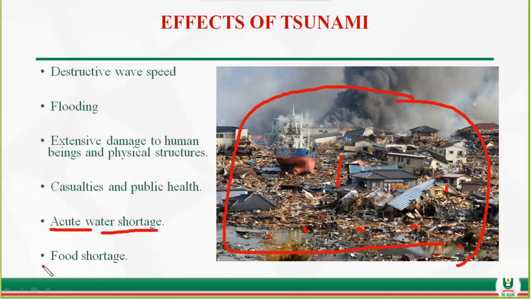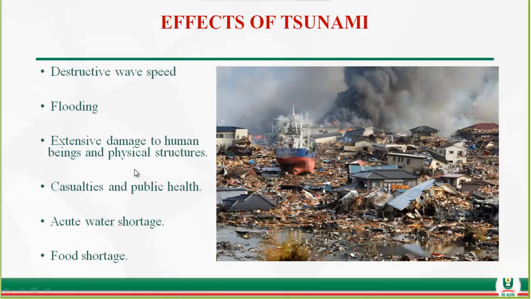Then food shortage, because agricultural land would have been destroyed. The topmost layer of the soil would have been washed away, and of course people cannot farm. Even existing crops would have been destroyed. So it's extremely difficult for people to commence farming again and produce food. So it causes acute food shortage. Those are some of the effects of tsunami.